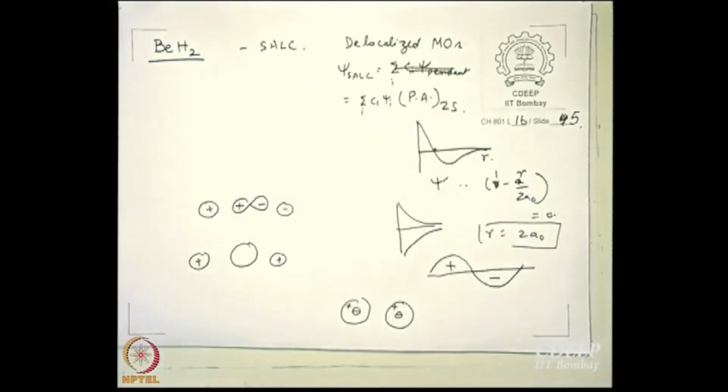Pa means pendant atoms. Alright, that is what I did first. I took the 1s orbitals of the hydrogen atoms and made linear combinations.